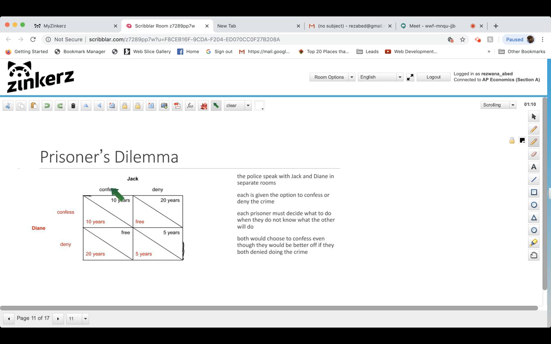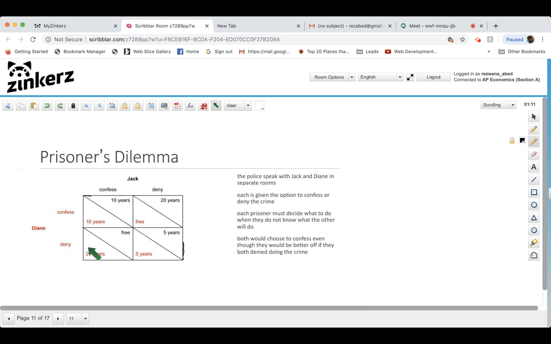If they both confess to the crime, and they say that we did it, they're each going to get 10-year sentences in prison. But if Diane confesses but Jack denies, because Diane confessed, she's going to walk free, while Jack is going to spend 20 years in prison for denying that he did the crime.